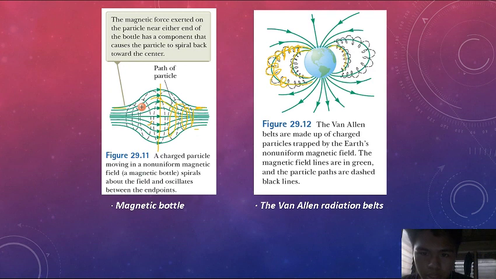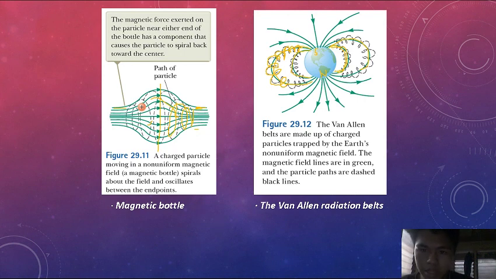So it surrounds the Earth in a donut-shaped region. So the particles spiral around the field from pole to pole, so ito yung South Pole, diba, and North Pole, covering the distance in only a few seconds. So mabilis tong pag-spiral nila dito.